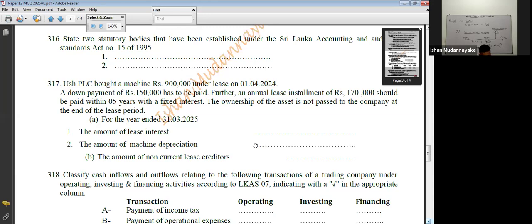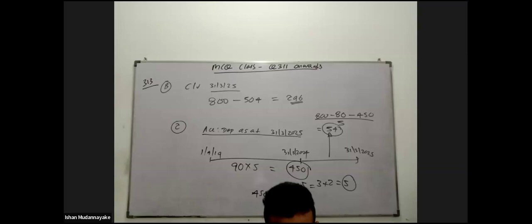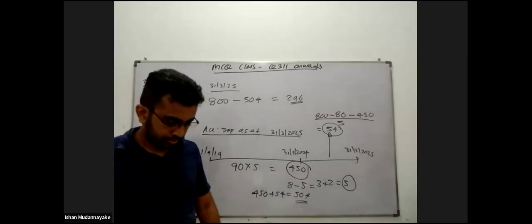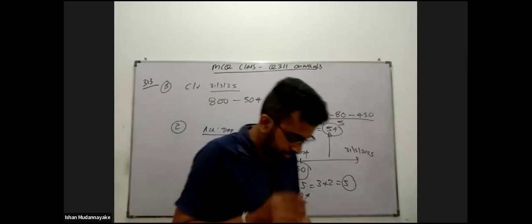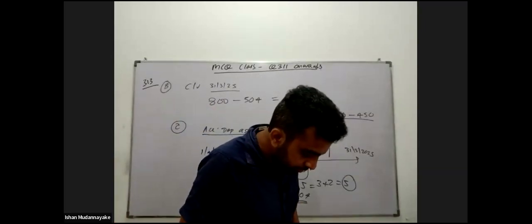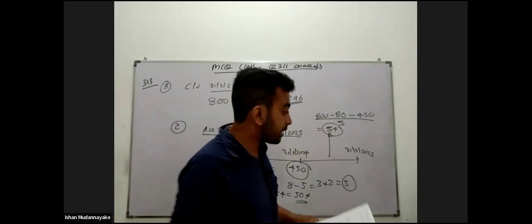B. My next part is the amount of non-current lease creditors. Alright, this should be third one, huh? Not B, third one. Not B, it is third. It is third, huh? It is third. Now I make a third again. First one, second one, third one. The amount of lease interest. How the lease interest amount? Lease interest amount, how much? Lease interest, how much amount? Question number 370.